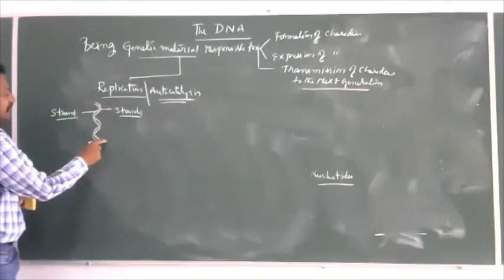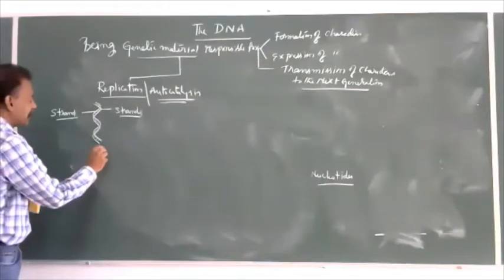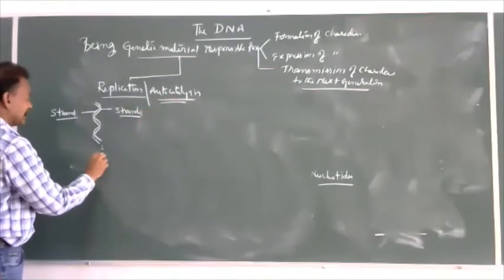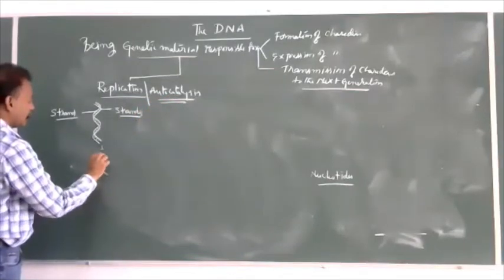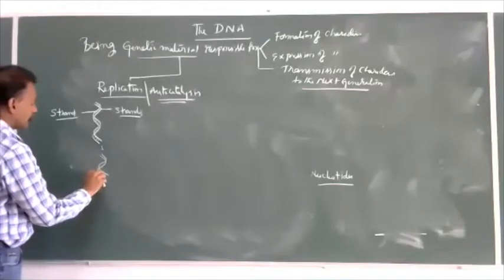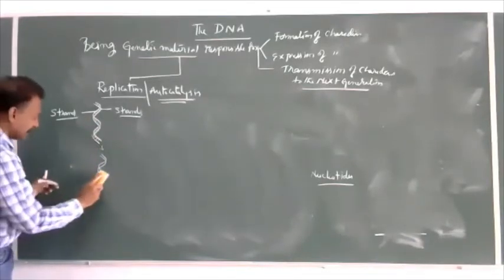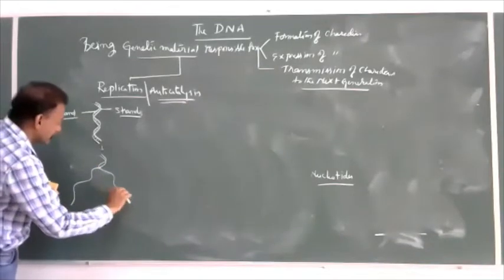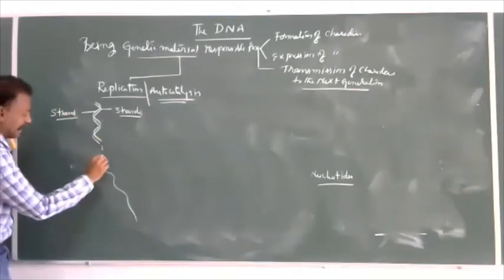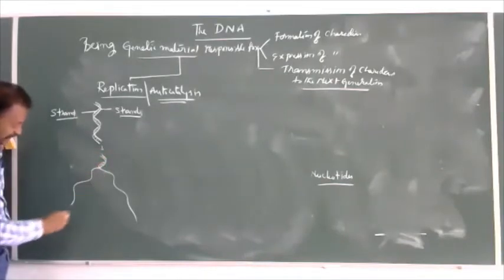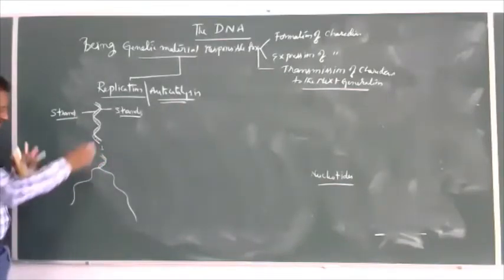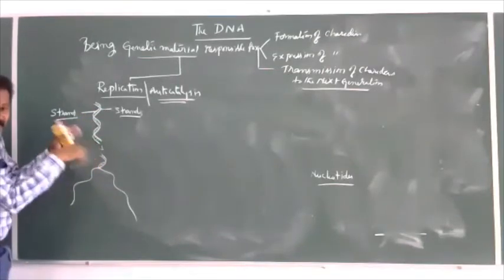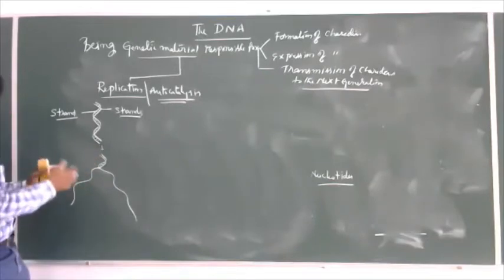This DNA undergoes separation or breakdown or catalysis. How? Instead of coiling like this, it separates. So the two strands will separate like this. The two strands, two polynucleotide chains which are joined, coiled, twisted, are separated.